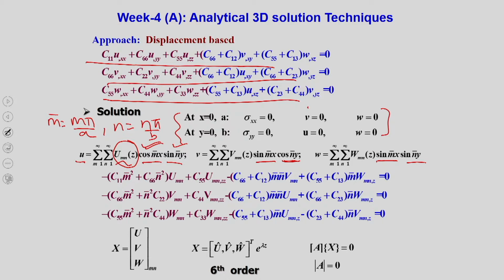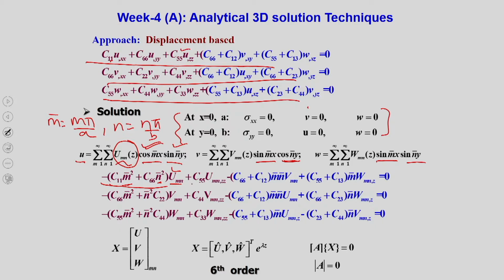Now, you substitute, you see that u comma xx. So, derivative along x axis first gives minus m bar, then second m bar cos. So, basically m bar and then n bar. So, these are the constants and u_mn, which is a function of z.